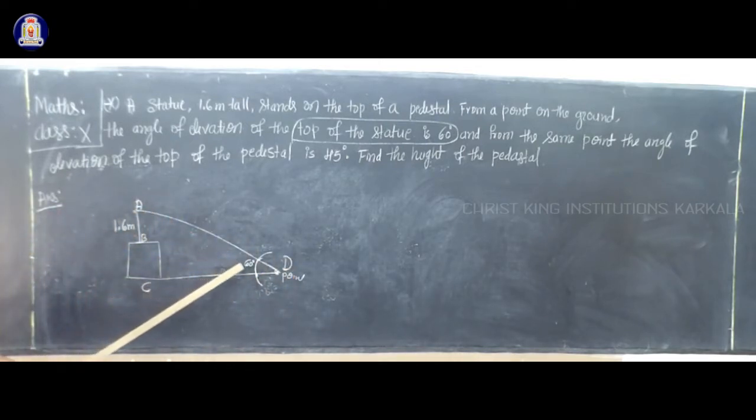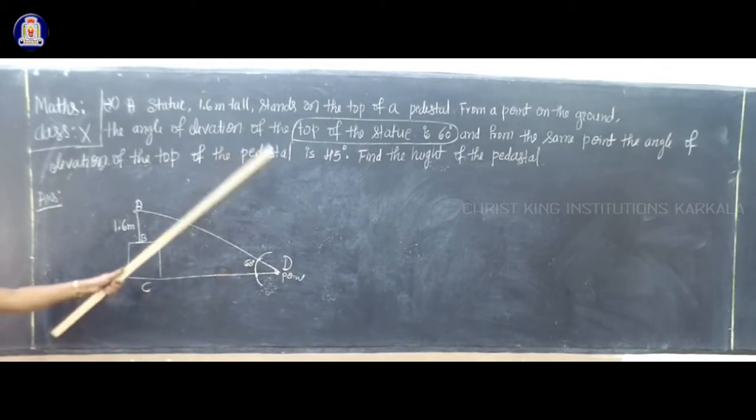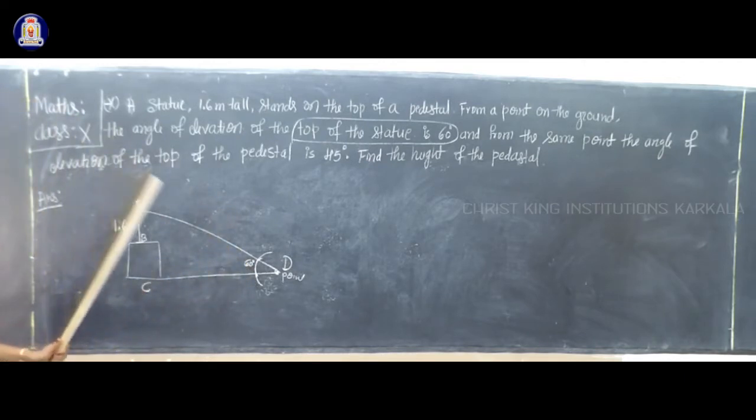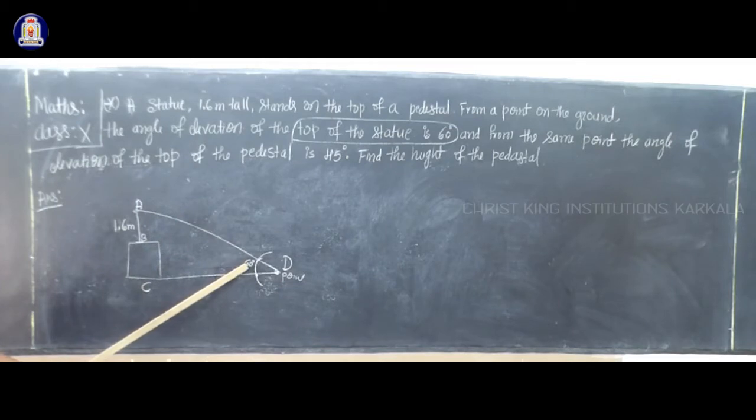Now, it is an incomplete diagram. First I will take this for 60 degree and take the trigonometric ratio for 60 degree, then you don't get confused.